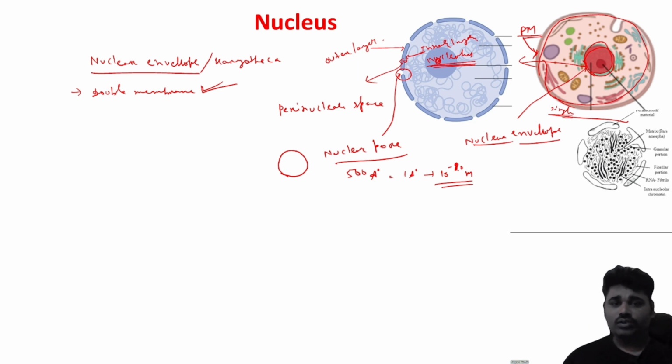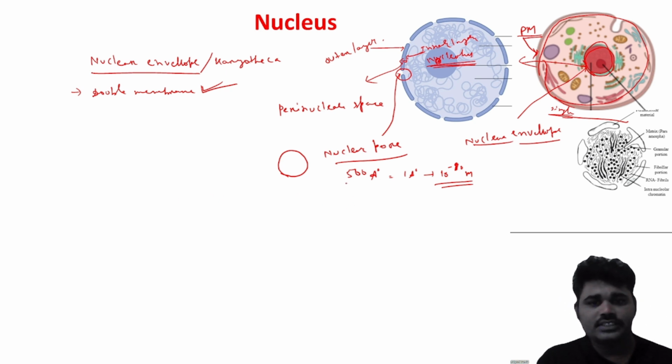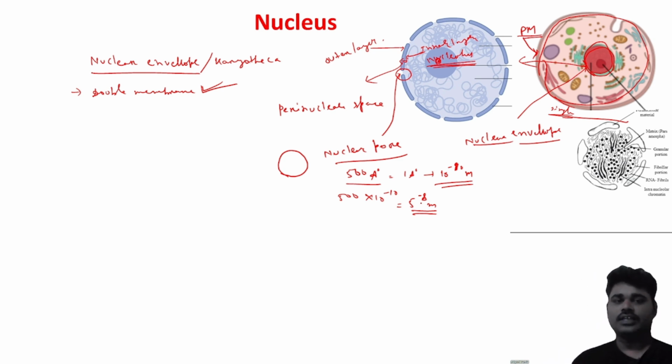So the nuclear pore is 500 angstrom, that means 500 into 10 to the power minus 10, that means 5 into 10 to the power minus 8 meter. So this is the size of the nuclear pore.